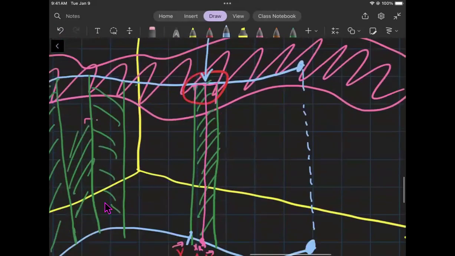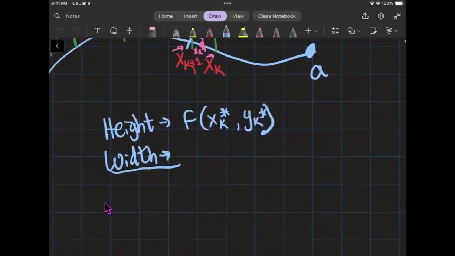So the width of these curved rectangles. If I look at t sub k, this is the segment in the xy plane, t sub k plus 1. Since our segment is not straight, it has curvature, we're going to have to approximate the length of this curve by using arc length.